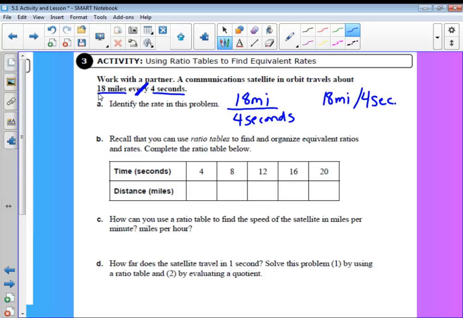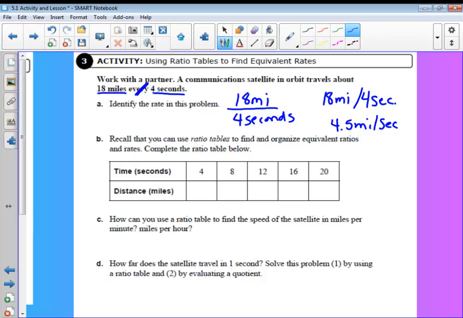That is something that we'll be working with throughout this section. If we were going to reduce that down, that per is like a division bar. So if I take 18 and divide it by 4, it's going to give me 4.5. So the reduced version could also be known as 4.5 miles per second, because that's reducing it down to miles and seconds when we divide those two out.